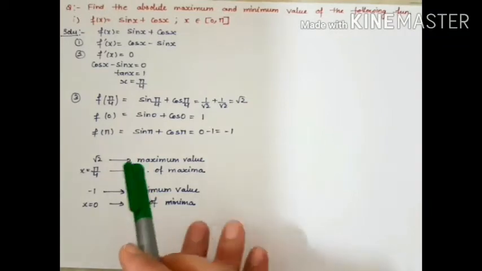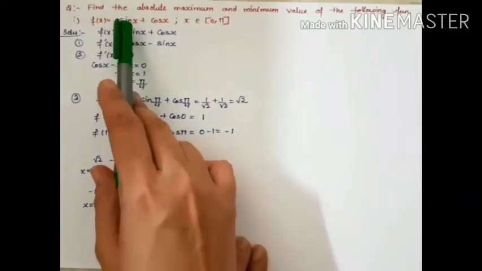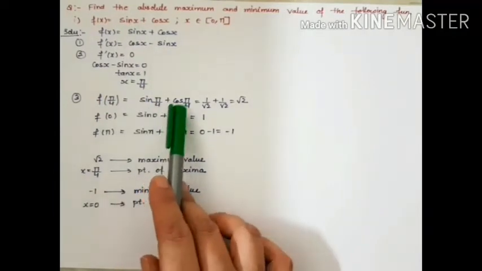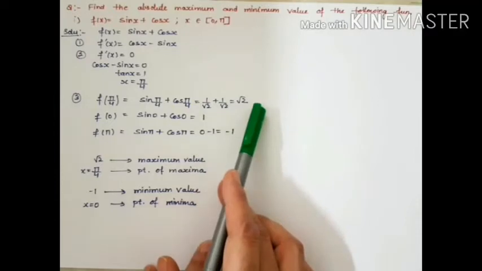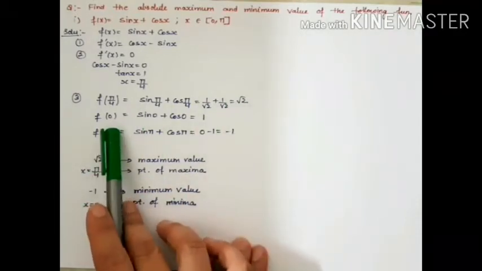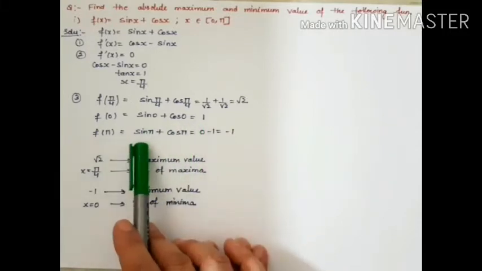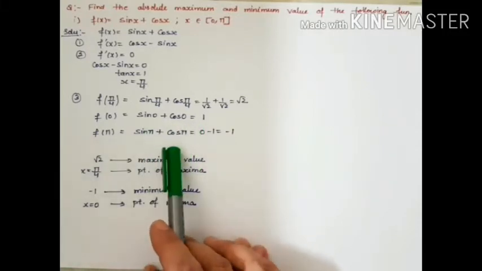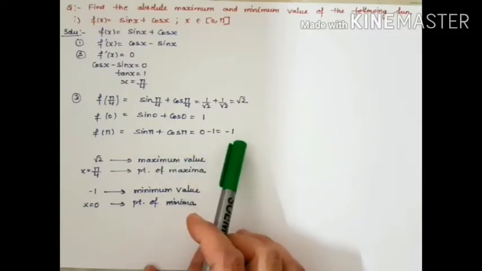Okay, so what are we getting? f of pi by 4 will become sine of pi by 4 plus cos of pi by 4, which will give you the value, after solving, root 2. f of 0 will be sine 0 plus cos 0, which is 1, and f of pi is going to be sine pi plus cos pi, which will be equal to minus 1.